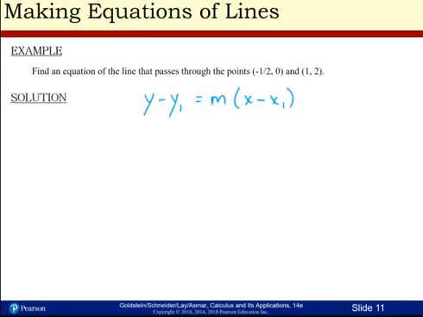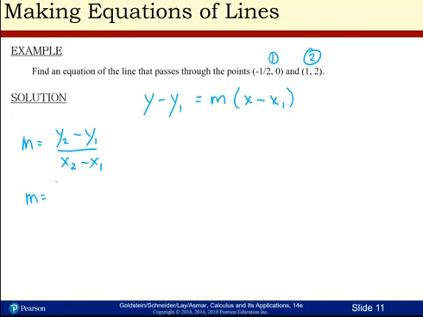I have 2 points. Hey, you know what? I could use y2 minus y1 over x2 minus x1, because that is the equation for slope. I'll call this point 1, this point 2, and I will plug that into my slope formula.